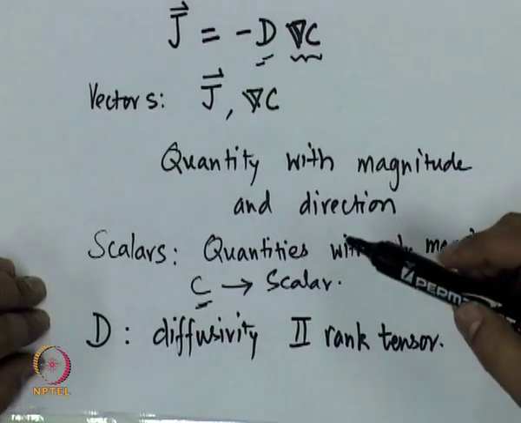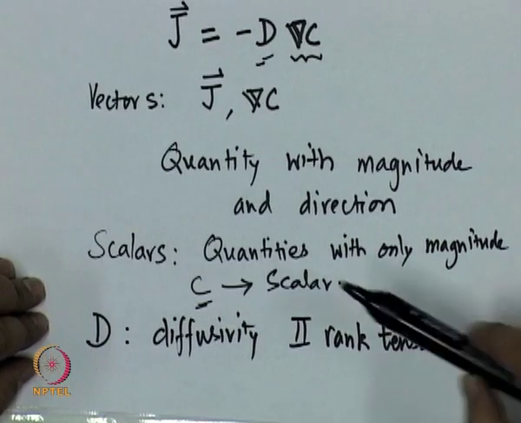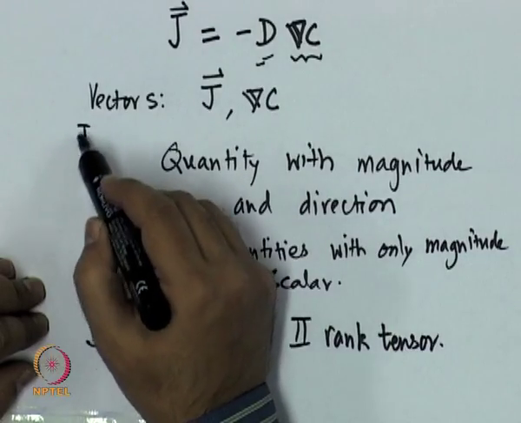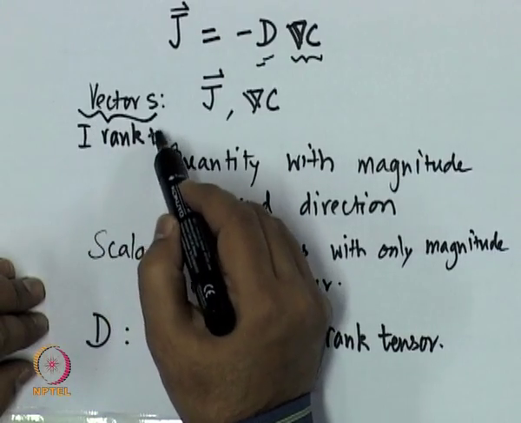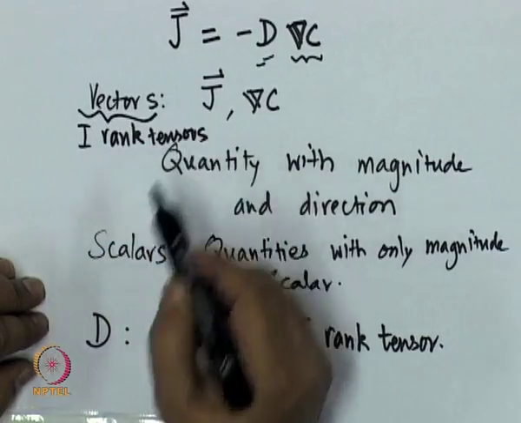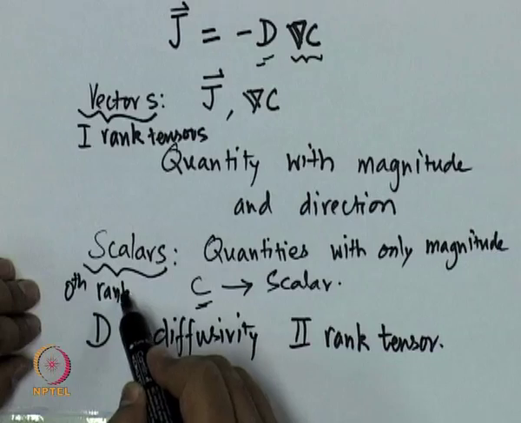Now we want to understand what these tensors are. What is this second rank tensor? In the tensor language, we say that vectors are basically first rank tensors, and scalars are basically zeroth rank tensors.